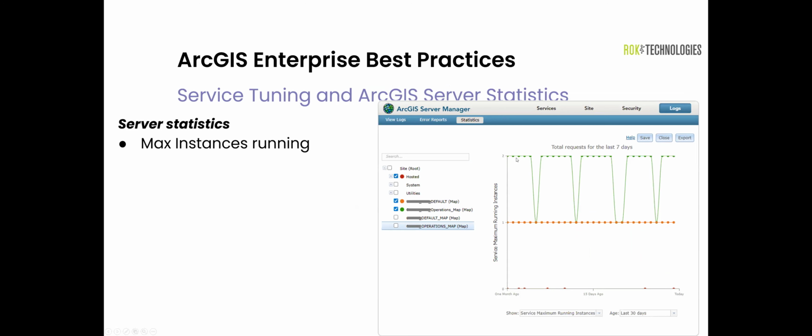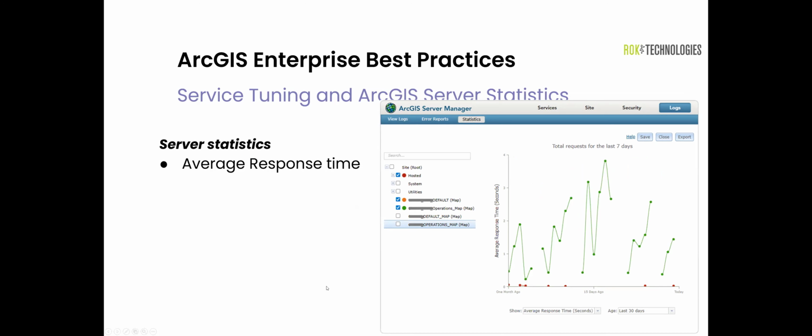But just because it has a max instance, it doesn't mean it's always going to be using 2. I see it dip down to 1 periodically. This is also a good indicator: if I have a max instance of 6, and I'm not entirely sure how often it's getting up there, maybe I don't need that max instance so high. Maybe I can adjust this down a little bit. So that's useful to look at.